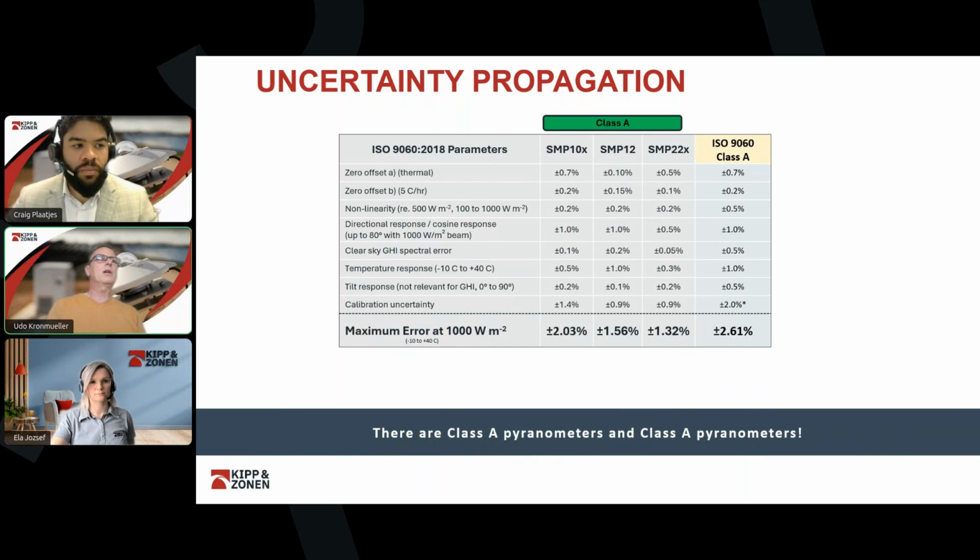So in the meantime, for the new series, we have a recommended manufacturer's recalibration interval of 5 years. But in the end, if you need to be compliant to a certain standard like the IEC 61724, you need to recalibrate it every 2 years. As I said, it's a question whether this is useful, but in the end, it's what it is.